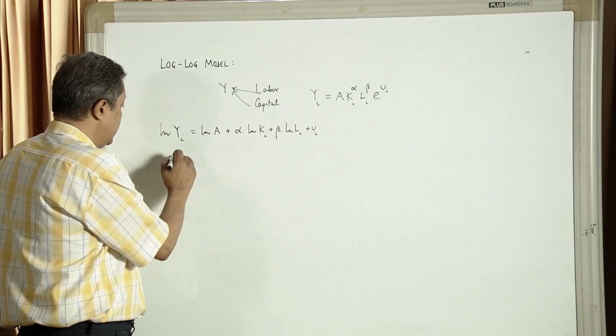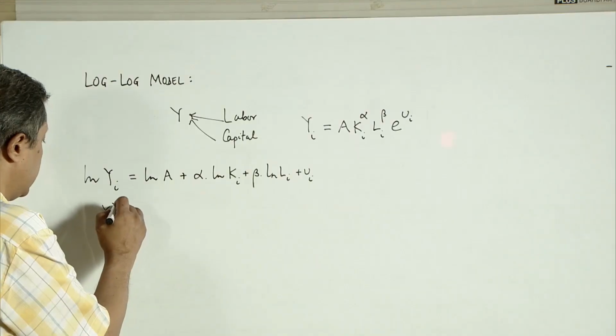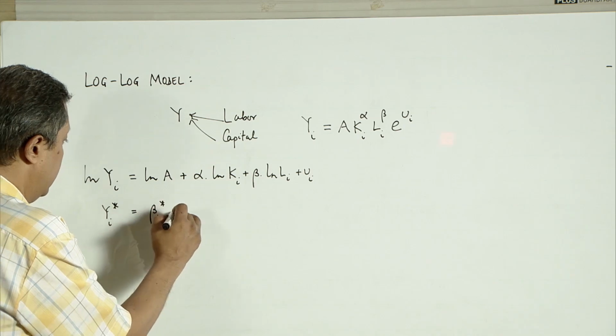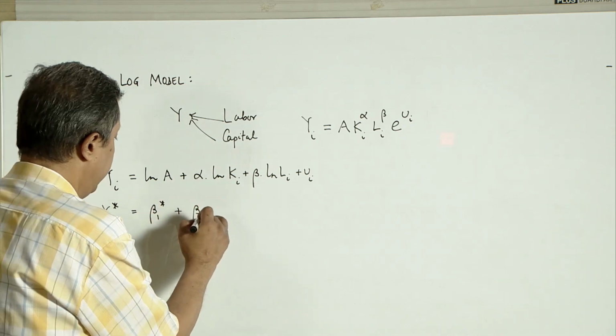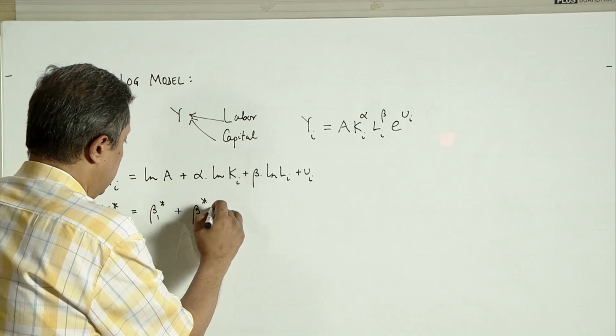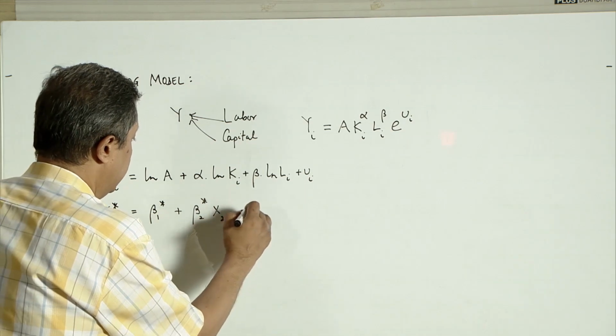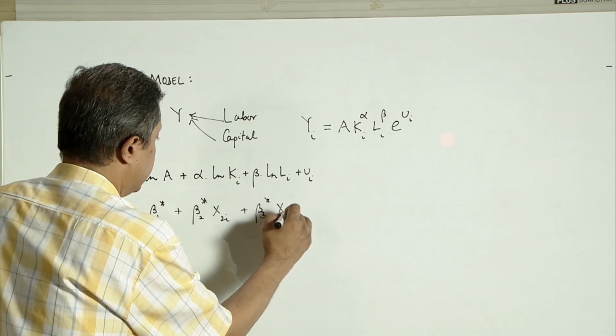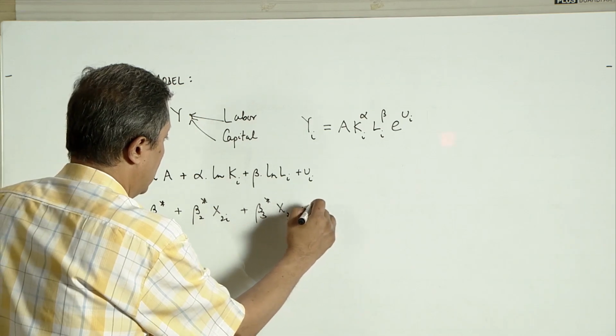In other words, we can write this as yi star is equal to beta 1 star plus beta 2 star x2i plus beta 3 star x3i plus ui.